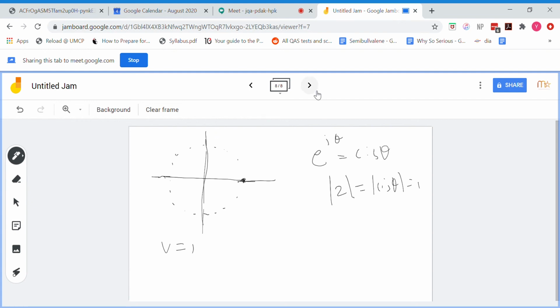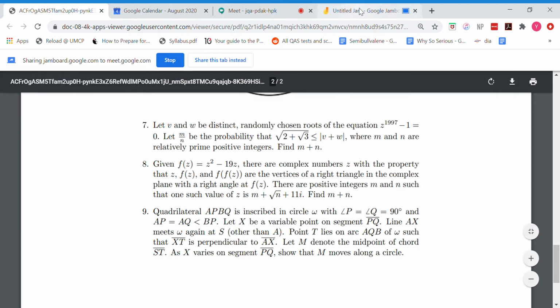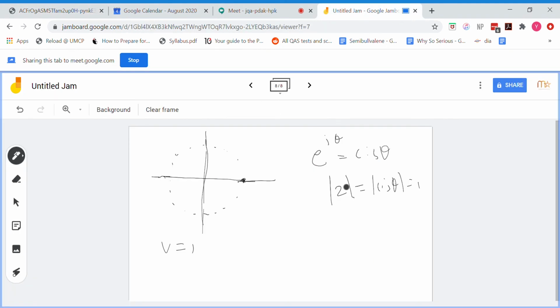So let's look at how we get the magnitude of v plus w. So if I have a general complex number v right here, and say w right here. So v plus w is going to equal, I don't know if you guys are familiar with vectors, but it essentially equals some point right here, such that this is w, right? Or if I subtract v from each point, then this, right?